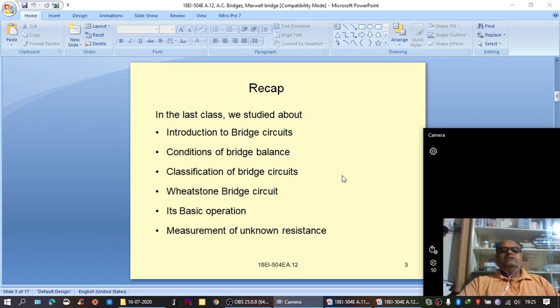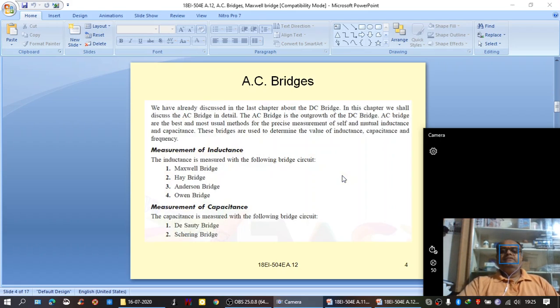Now, let us see what is an AC bridge circuit. An AC bridge circuit mainly consists of impedances, which are combinations of both resistive and reactive elements.